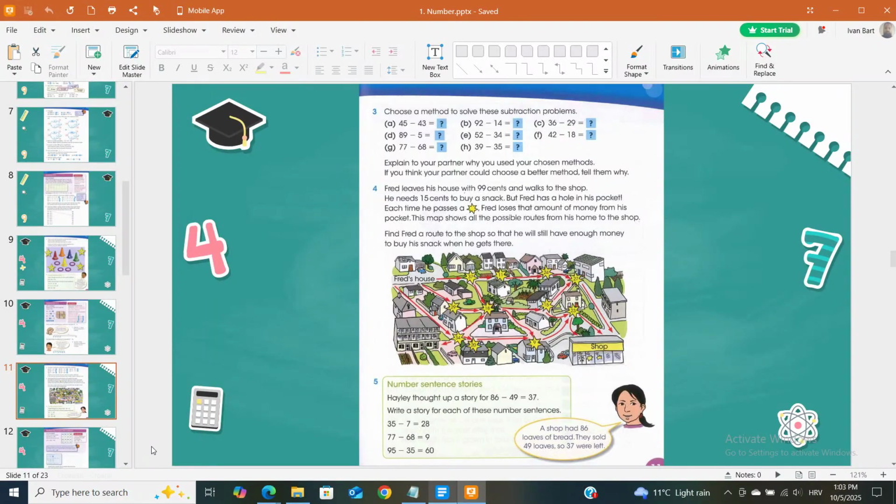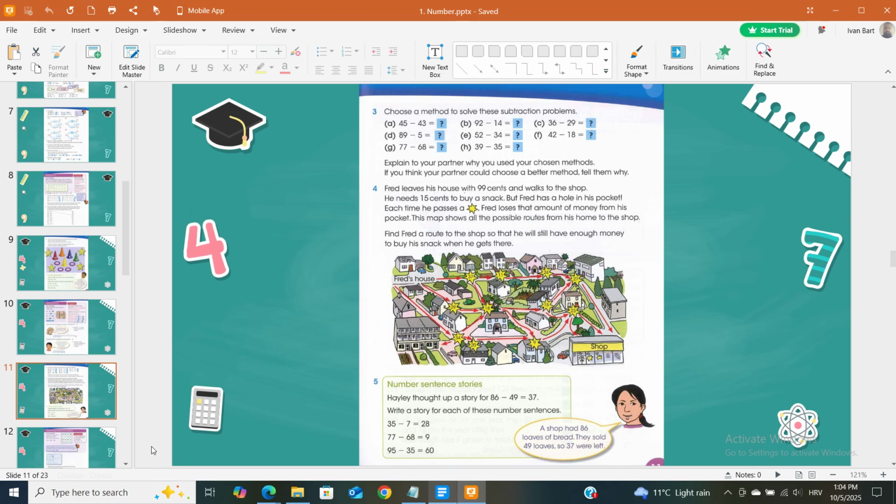(E) 52 minus 34 equals. (F) 42 minus 18 equals. (G) 77 minus 68. (H) 39 minus 35 equals. Explain to your partner why you used your chosen methods. If you think your partner could choose a better method, tell them why.